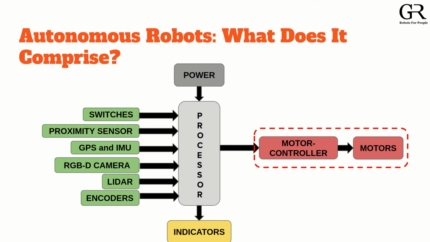Second is the proximity sensor. A proximity sensor is nothing but an ultrasonic or infrared sensor which you can use to detect an obstacle, or a long range obstacle. Third one is GPS and IMU. GPS gives you the latitude and longitude coordinates of your robot with respect to the earth frame, and that provides some raw data which you have to further process, and you can run your robot autonomously.